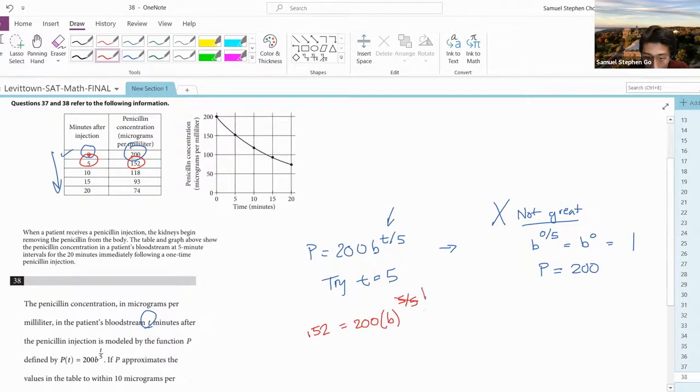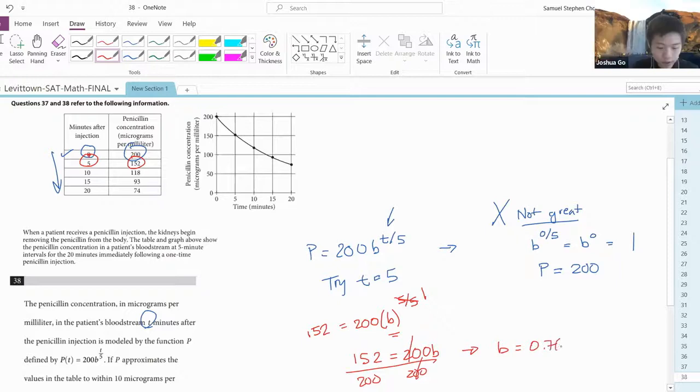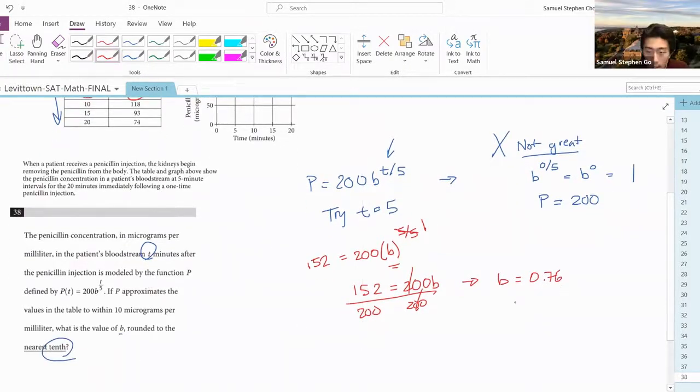Now this is B to the 1, but we still have B, which is really good. 152 equals 200 B. And this is a simple solve for B problem now. If you divide both sides by 200, you will get that it equals 0.76. And it's asking us, if we remember in the question, to round to the nearest tenth. Finally, our answer is 0.8.